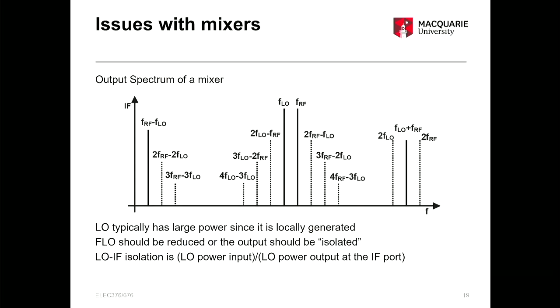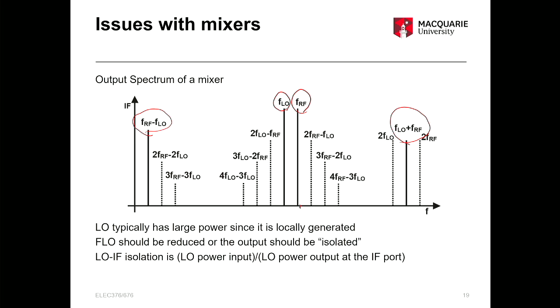Some issues here: it looks like a very busy figure, but if you just look at the dark lines, your RF frequency is there, and your LO frequency is there. The mixed output, what you want to see, is RF minus LO and RF plus LO.